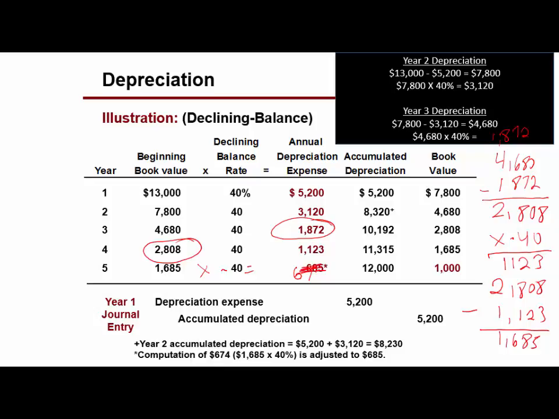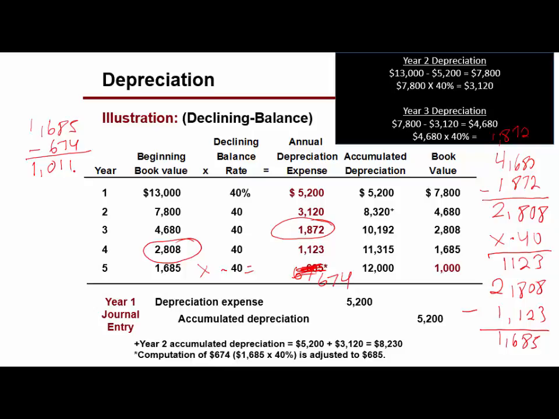Good. So I take that 674 off of 1685. 1685 minus 674 gives me 1,011. Like that? Okay, look.